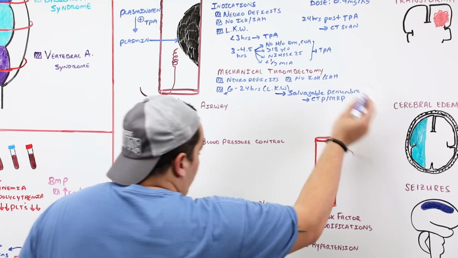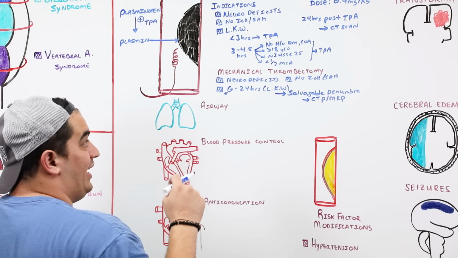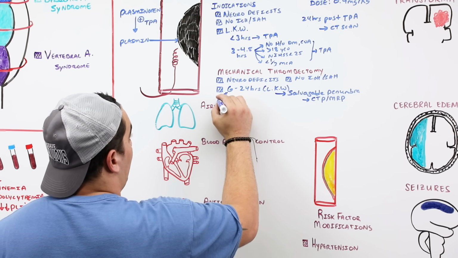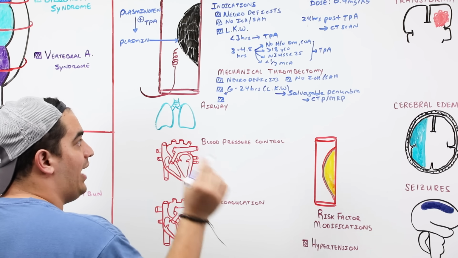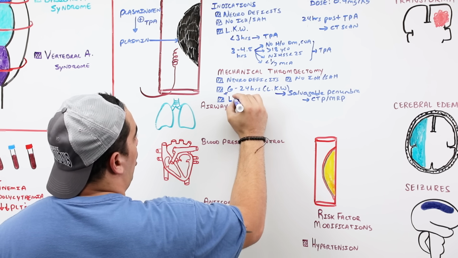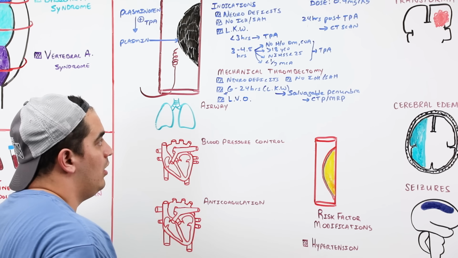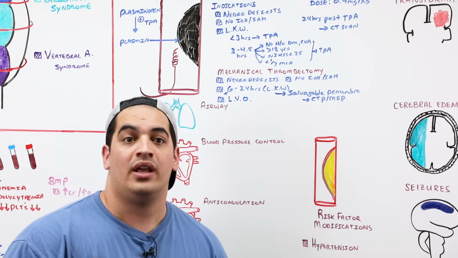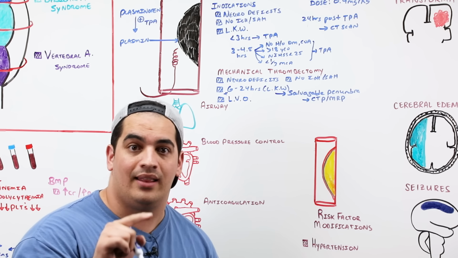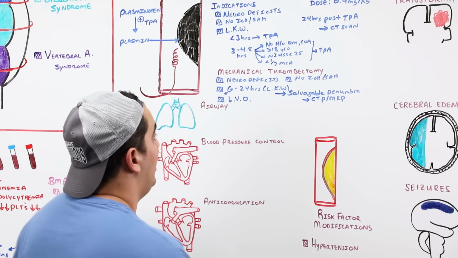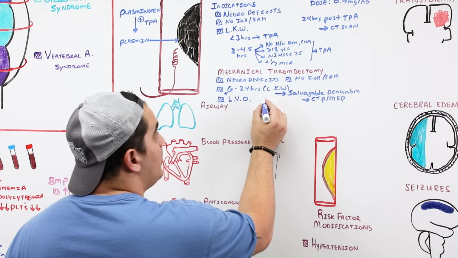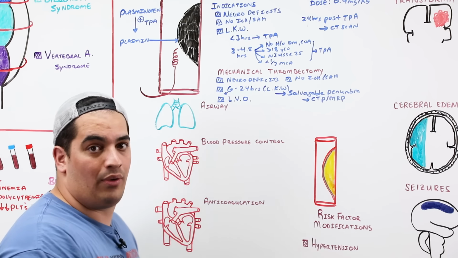But we're using this to determine, is there a penumbra that we can even save? The other reason we would do a mechanical thrombectomy is someone can get TPA and have a stroke, but do they have a large vessel occlusion? What does that mean? Is there a clot in the MCA, the ICA, or in the vertebrobasilar system? If there is a clot in any of those, you can give TPA and do a mechanical thrombectomy.